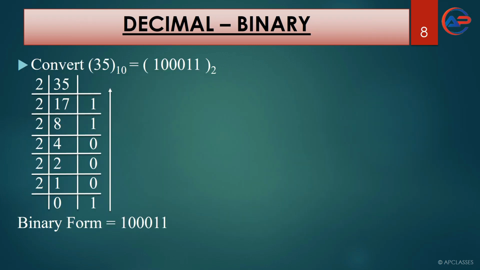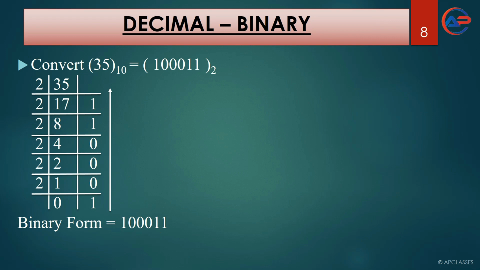Now we will learn how to convert a decimal number to the binary number system, because as I told you, we will learn to convert decimal to binary, decimal to octal, and decimal to hexadecimal, and we will also learn the vice versa, that is binary to decimal, octal to decimal, and hexadecimal to decimal.